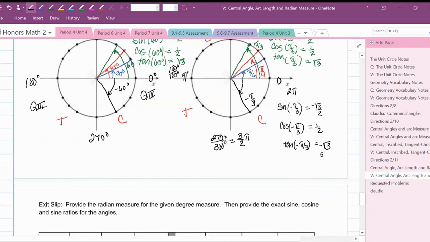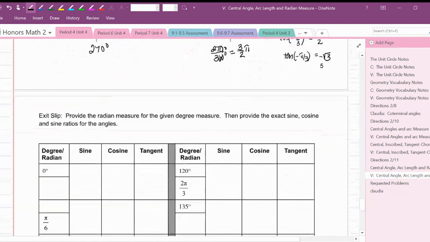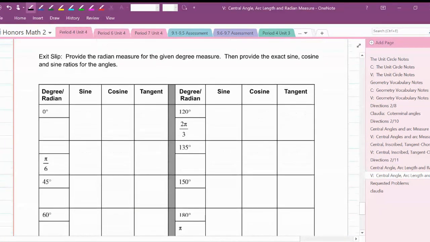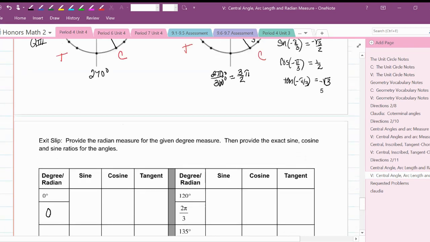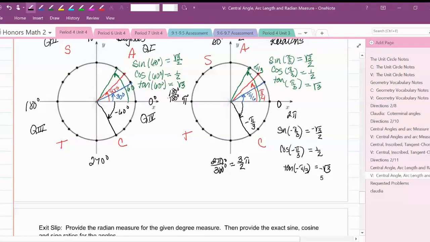All right, so given that, you should fill in this table here. First step is to provide the missing units, so the equivalent degree or equivalent radians, and then fill in the sine and the cosine and the tangent. So I'll do this first one with you. We know 0 radians and 0 degrees go together.